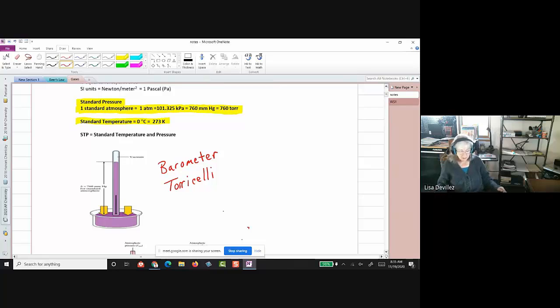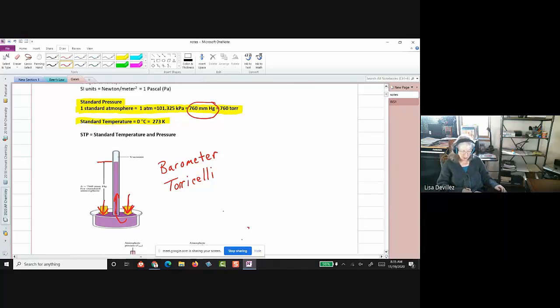Anyway, what he did is set up a dish that has mercury in it, and then a tube from which they pulled all the air out, and put it down in the mercury, so that the pressure from the air pushing down on the surface of the mercury forces the mercury up into the tube. When they measure millimeters of mercury, it is literally the height of that column.